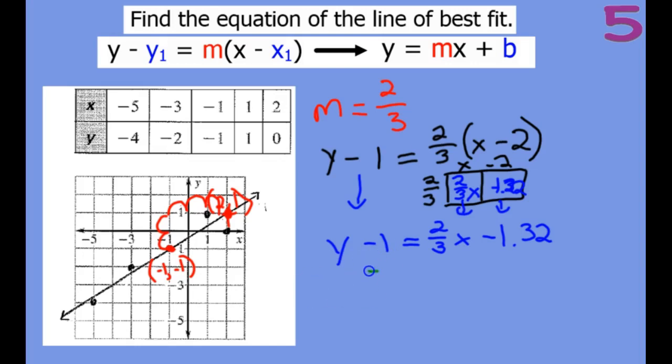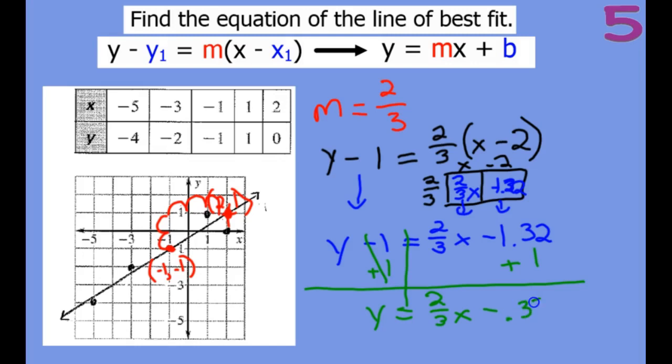So we're going to add 1 because it's the opposite of -1, and add 1 to here. So we get y equals 2/3 x. -1.32 plus 1 would give us -0.32.